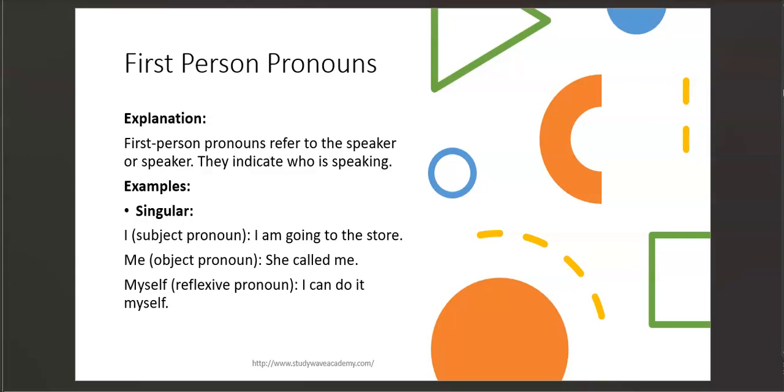We have examples here in singular. Like I said, we have singular and plural when you talk about pronouns. For example, in singular: I am going to the store. I am teaching. So I here becomes the subject pronoun, and it's singular because it's just one person. It's just me, okay? Another example: she called me.